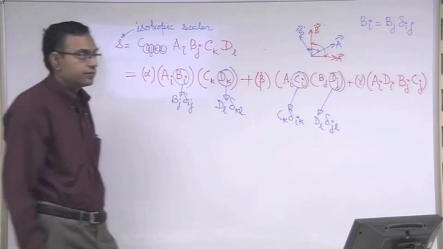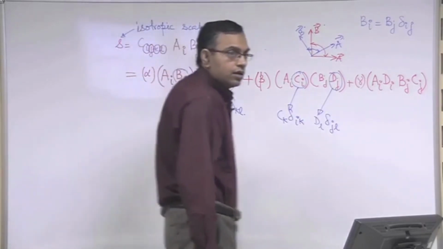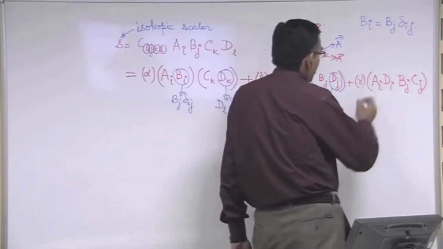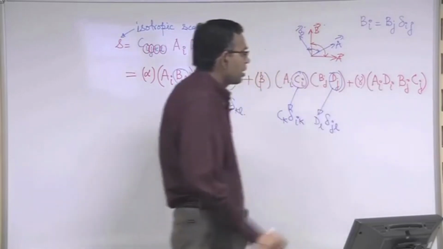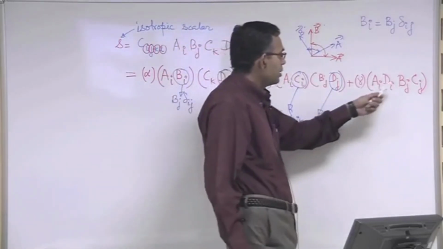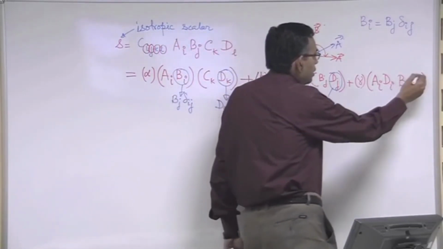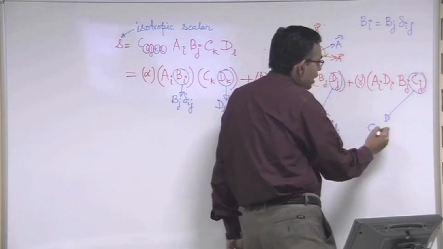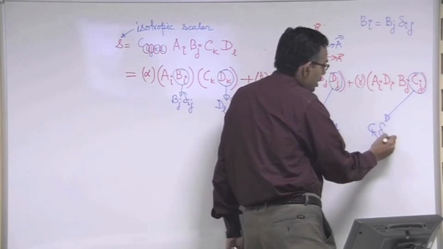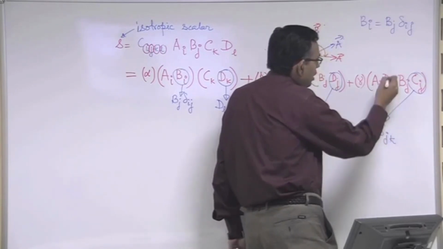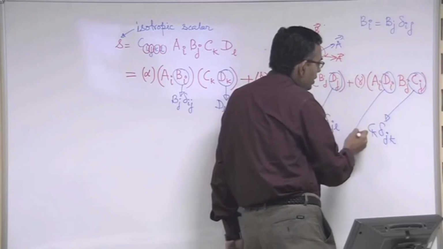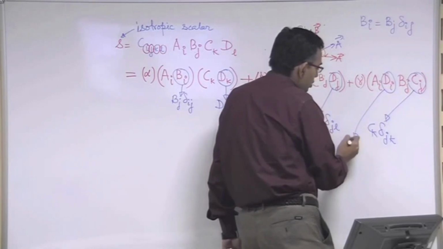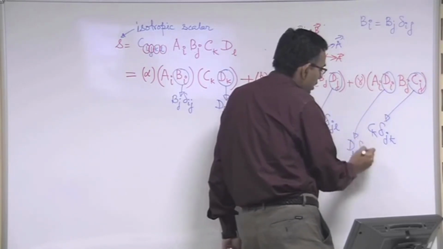Okay. Similarly, for the last term ai bj, then cj to be converted to ck, so ck delta jk, and di to be converted to dl, so dl delta il.